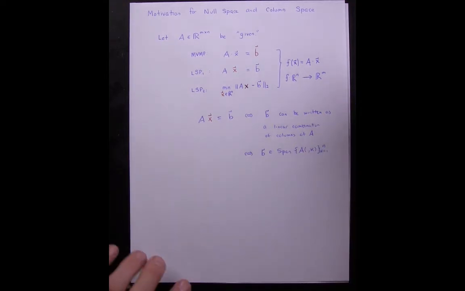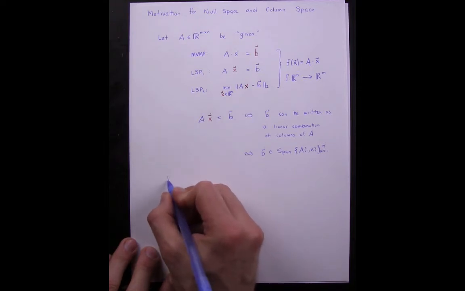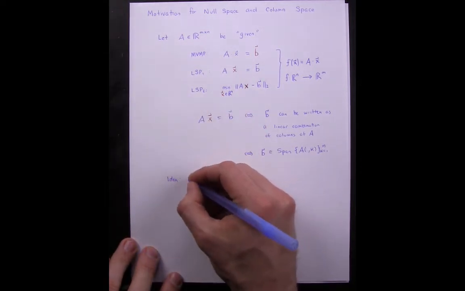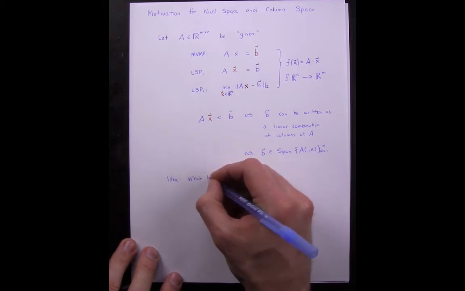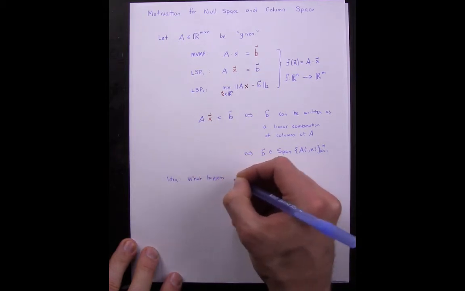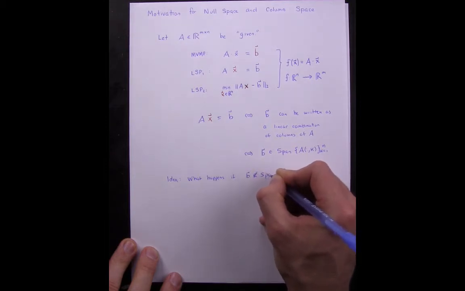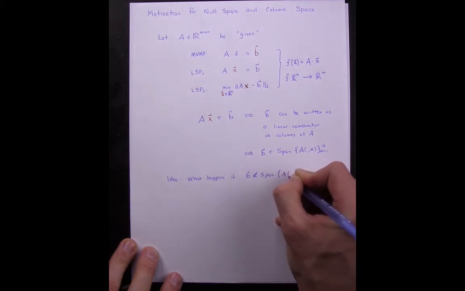One thing that we're going to see is in some least squares problems, what happens if B is not in the span? How do we solve that type of problem?